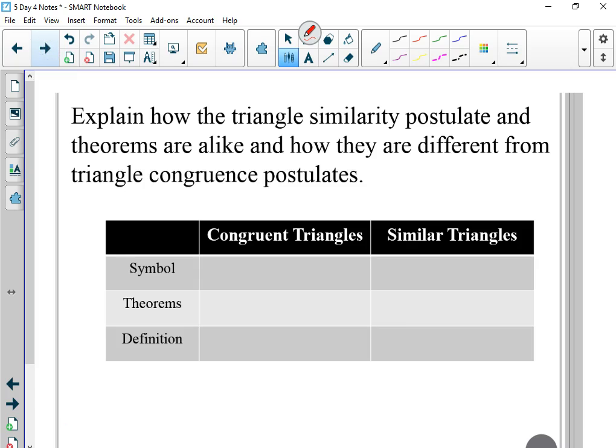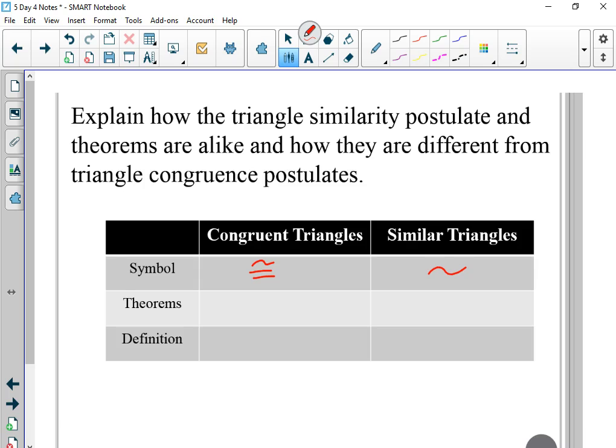So, let's wrap this up. Explain how the triangle similarity postulates and theorems are alike and how they are different from triangle congruence postulates. For congruency, we use this symbol, and for similarity, we use this symbol.